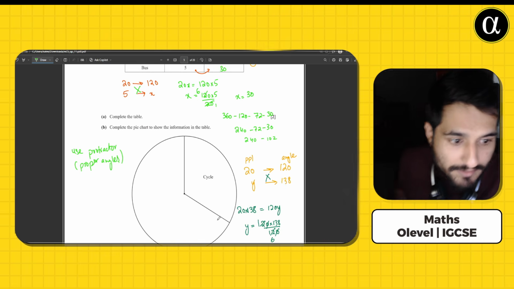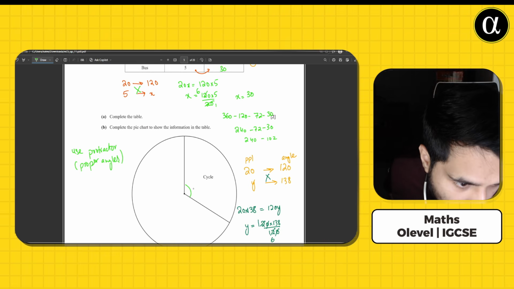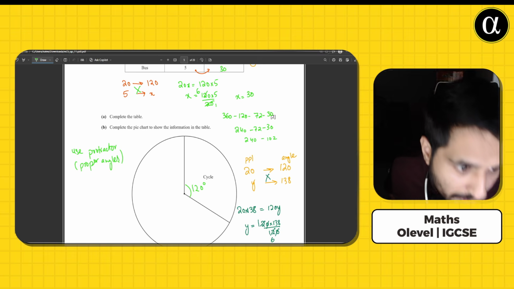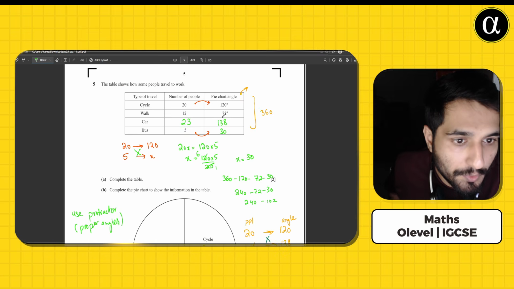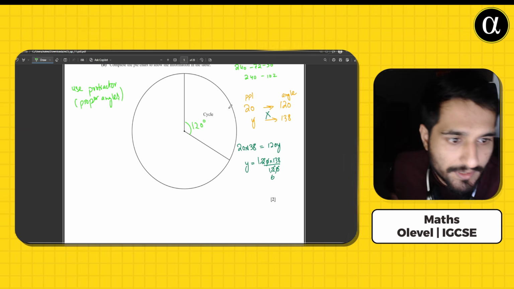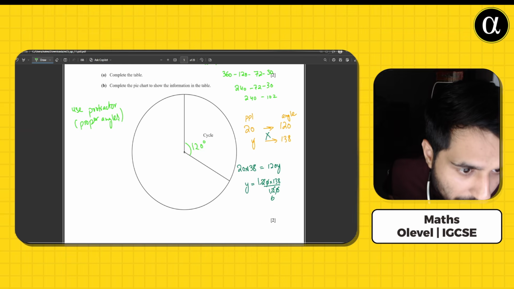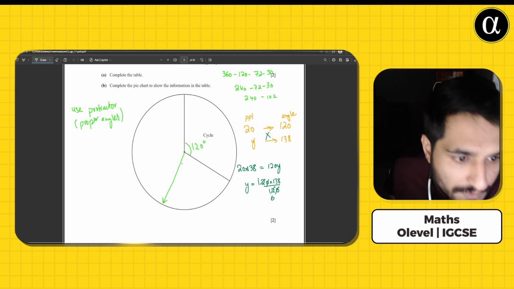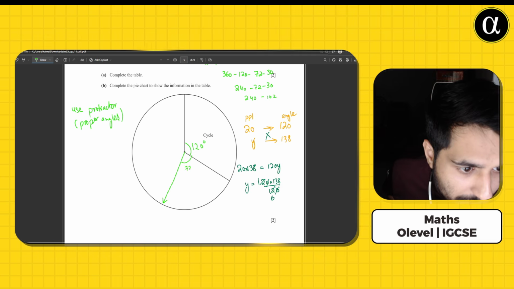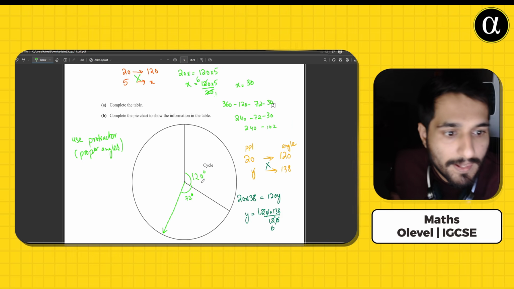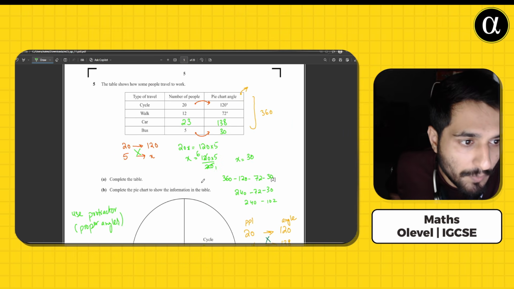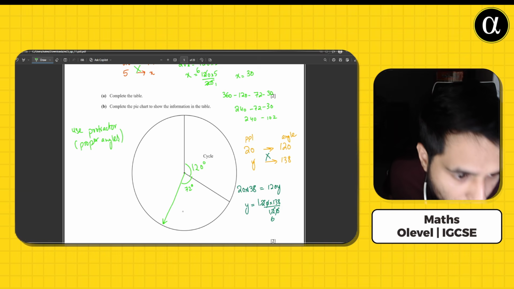Cycle results in 120, so we will be writing 120 degrees over here. Then we are supposed to consider walking, which is 72 degrees. So you will draw it somewhere here or lesser than that, obviously. We just say this is 72 degrees. Guys, please use a protractor for this case. 72, and that would be walk. We write walk over here.